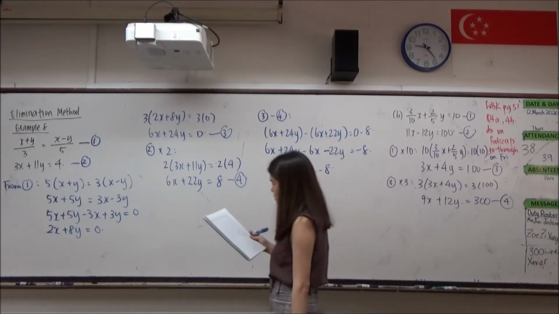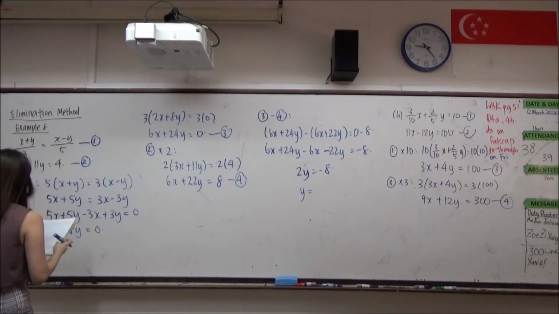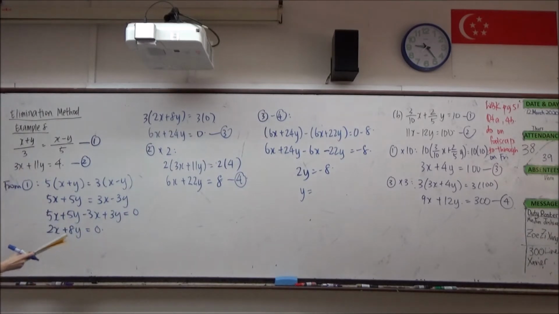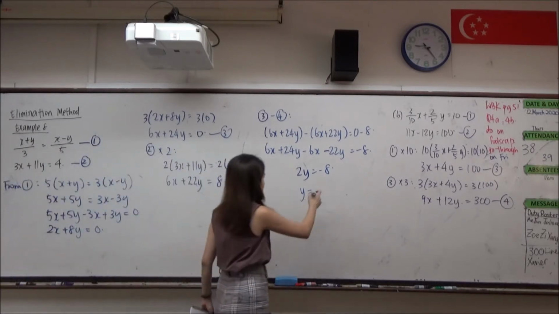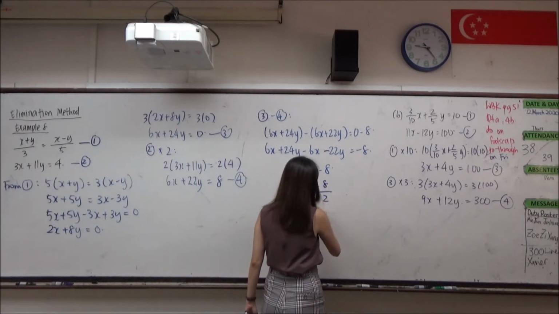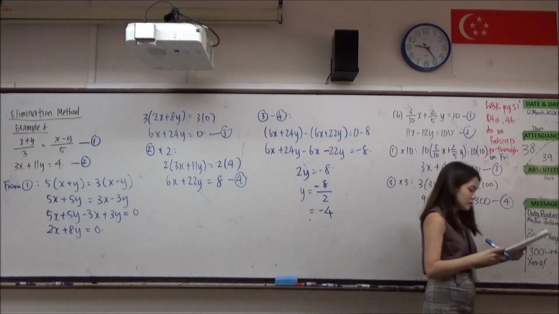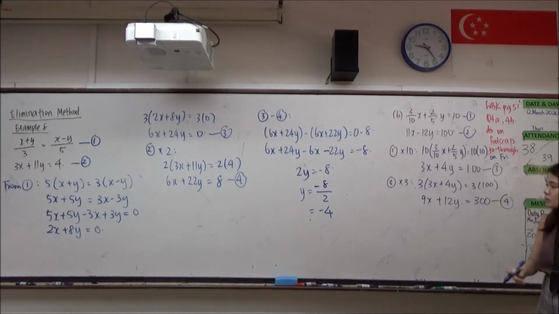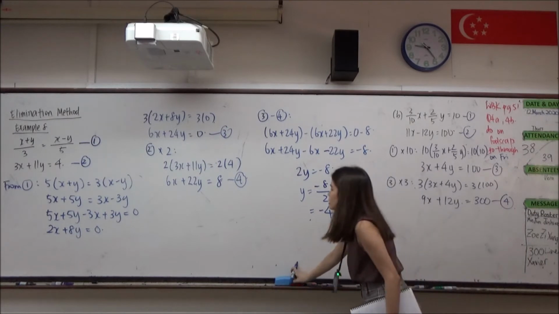Wait, did I do anything wrong? Oh, okay. Correct. I made a mistake in my own work. Okay, so y will be equals to negative 4.